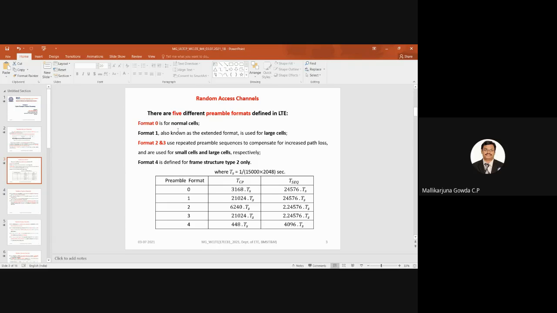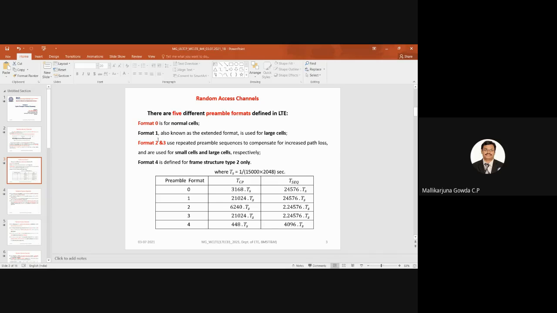So format 0 is used for normal cells, and then format 1 is also known as the extended format, and it is used for large cells. Format 2 and 3 use repeated preamble sequences to compensate for increased path loss and are used for small cells as well as large cells.